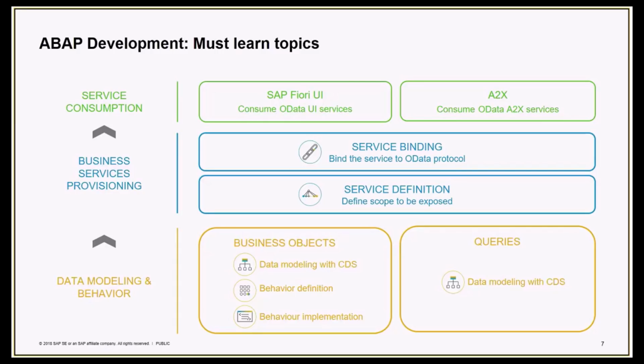In the service binding, we now have to bind the service towards a protocol and a protocol version. So for example, OData, v2 or v4, and also to a specific use case. Because a use case, so for example, like a UI backend service or an A2X service, the use case defines certain capabilities the OData service has to fulfill.